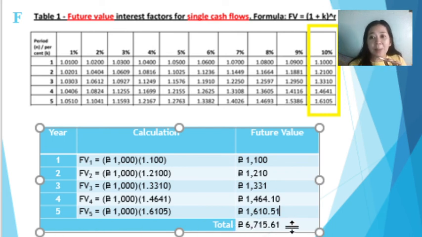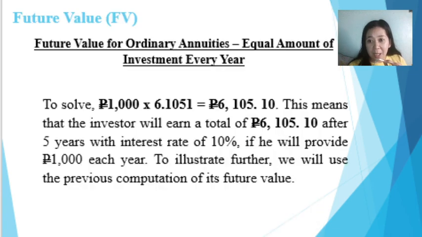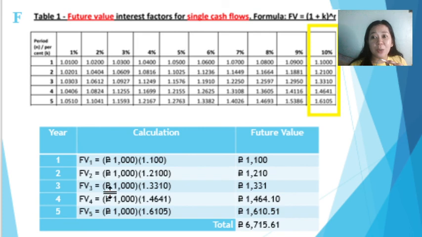In this case, we have 6,715, but in the previous answer, using the table for annuities, the answer is 6,905. There is a difference due to the rounding off of numbers, but it still falls under the same level or amount.